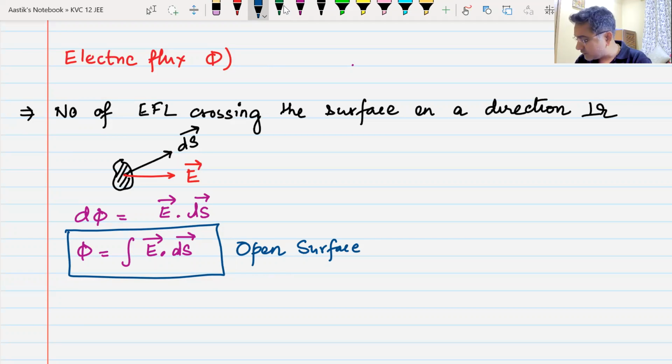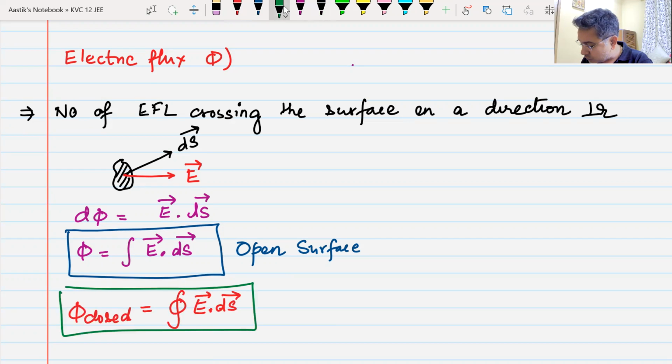If I have to write the formula for flux through a closed surface, I should correctly write it like this: flux through a closed surface, written with a circle on the integral. This symbol on the integral tells us that it is the integral over a closed surface. So this is how it is written for a closed surface.